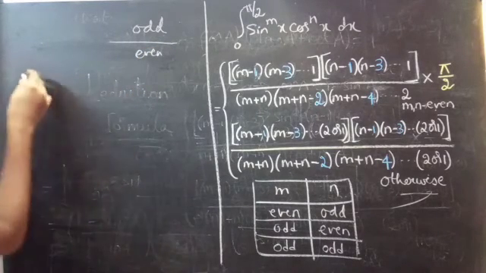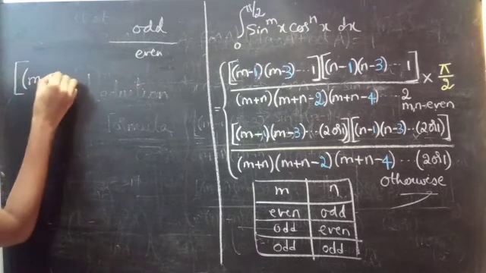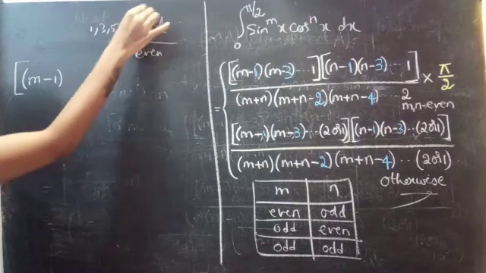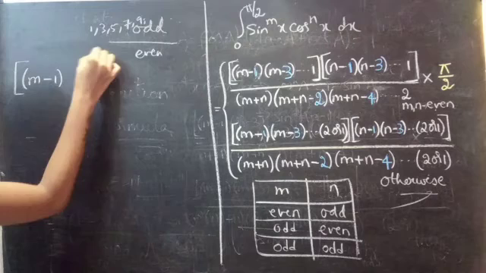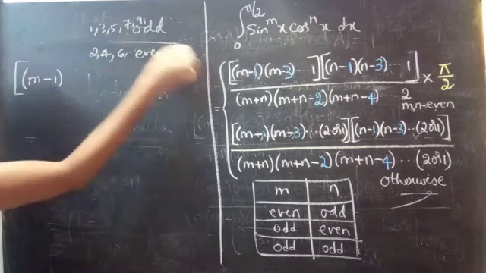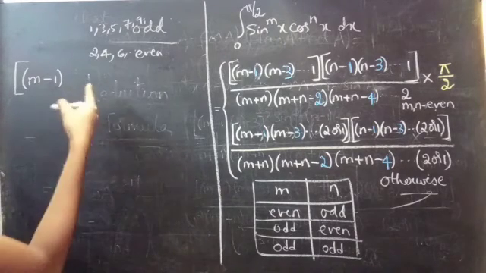Like m minus 1. So odd numbers 1, 3, 5 and so on, 7, 9 and so on. These are odd numbers. And if you consider even numbers 2, 4, 6 and so on, you will subtract in the denominator. Okay.